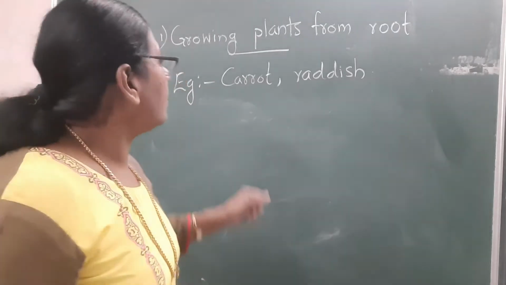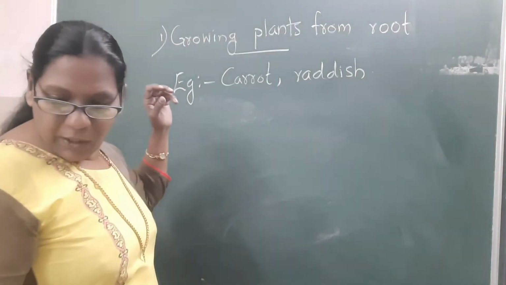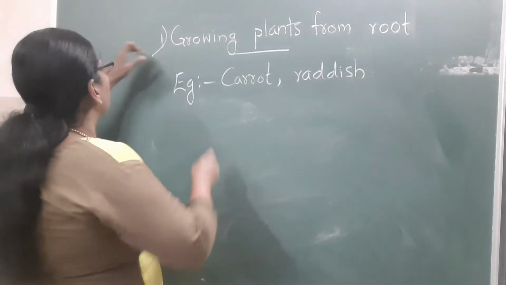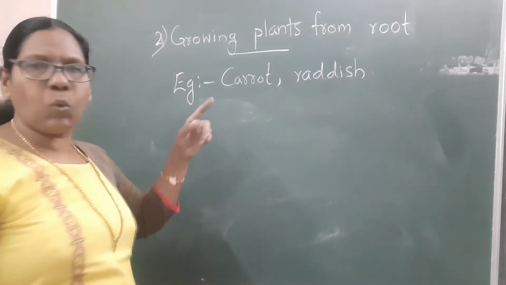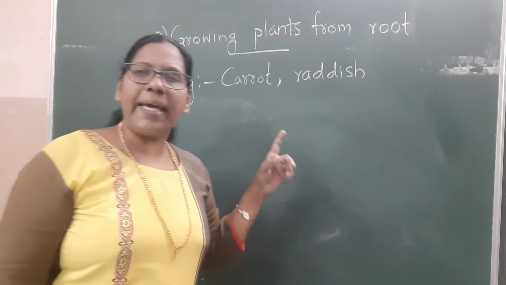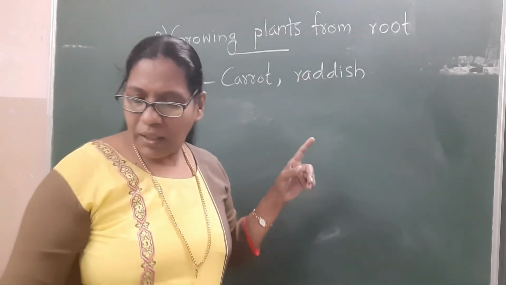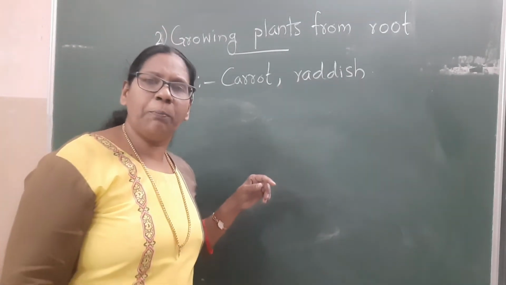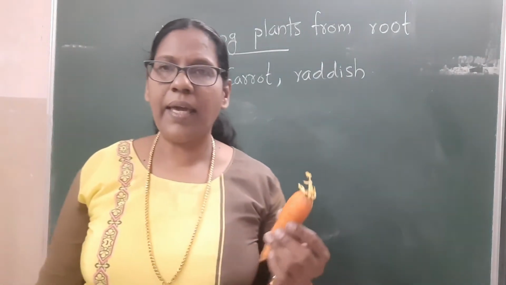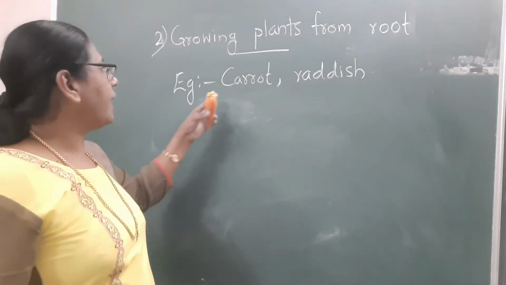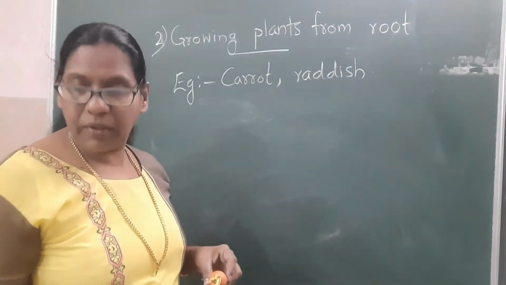Now we'll see the second one, that is growing plants from root. Growing new plants from root. To grow new plants from roots, we use some roots. Example, carrot, radish.